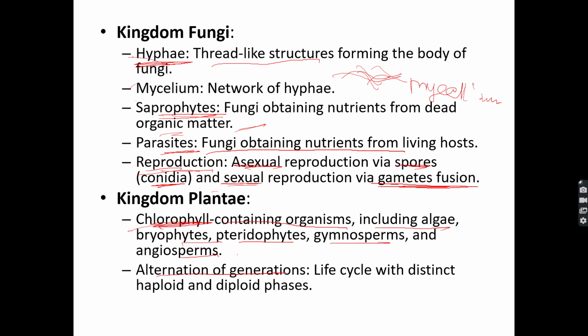Then yes, they have alternation of generation. That means the life cycle of members of kingdom Plantae has two phases: one is the haploid phase, another is the diploid phase. We will take a separate class for this alternation of generation. So this is all about the kingdom Plantae.